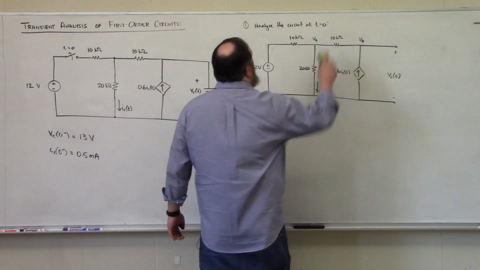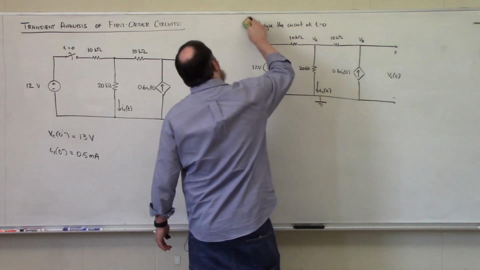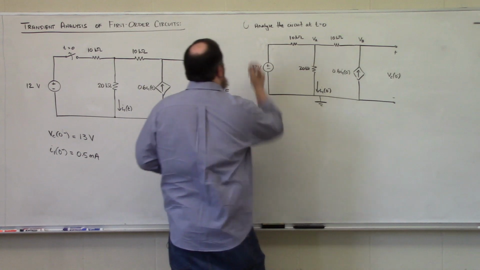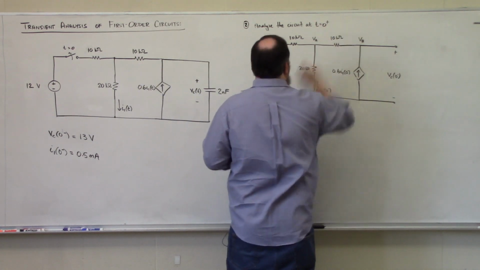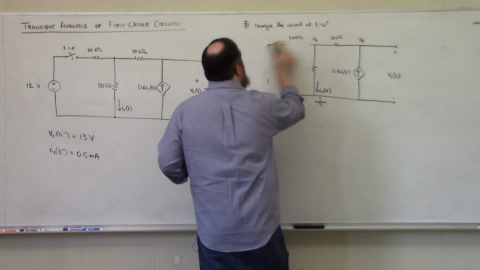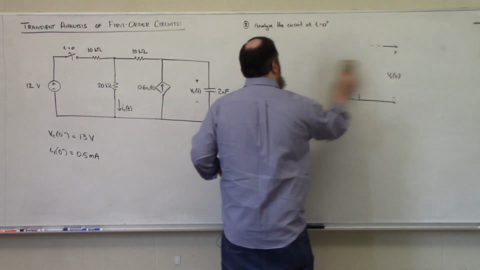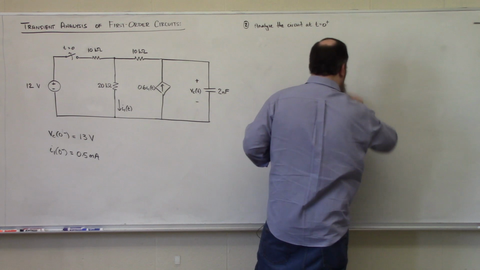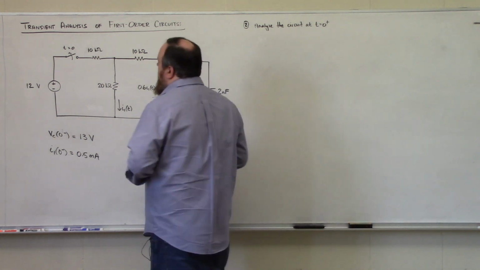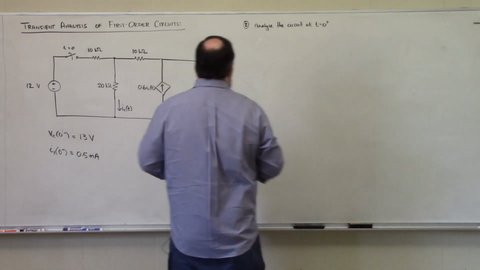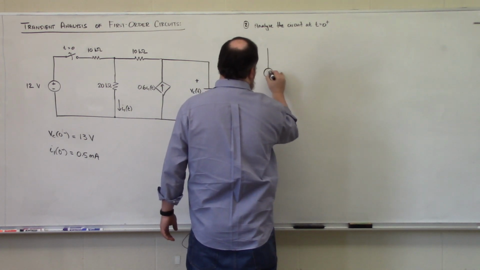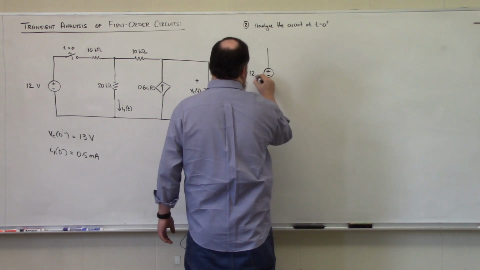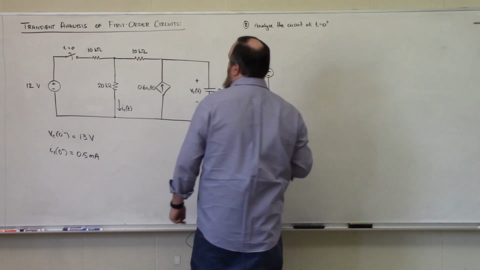Let's see. Just redraw it, the whole thing. Alrighty, so at T is equal to 0 plus, this switch has opened. So I'm drawing my 12 volt source just for the heck of it because it's not actually influencing anything whatsoever in the circuit.